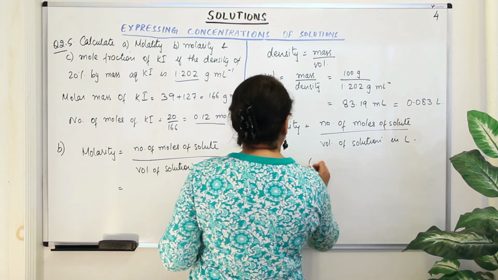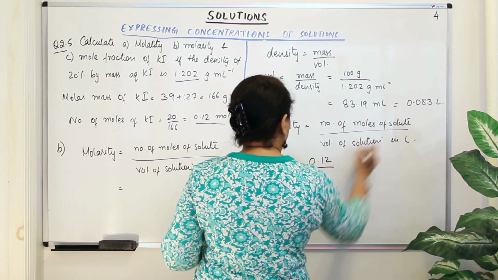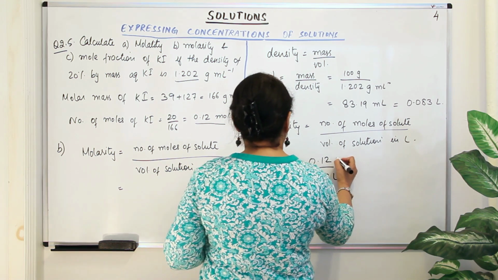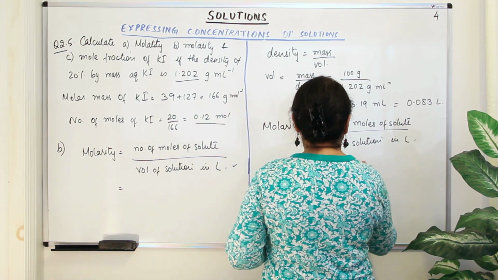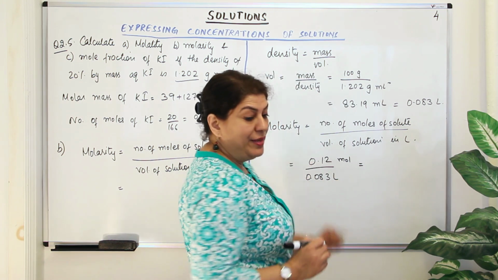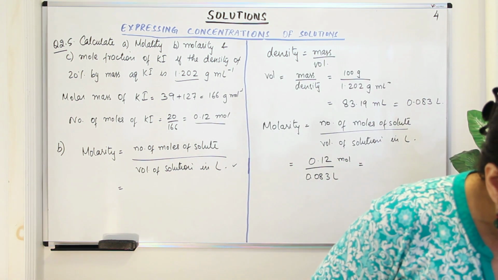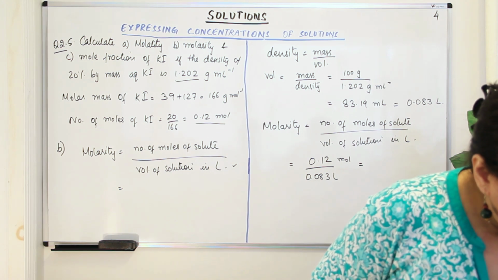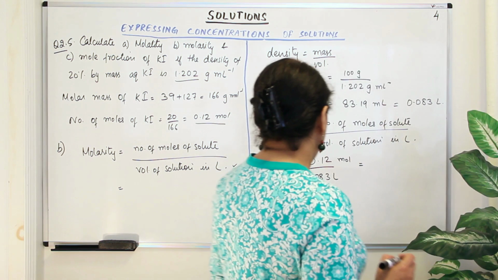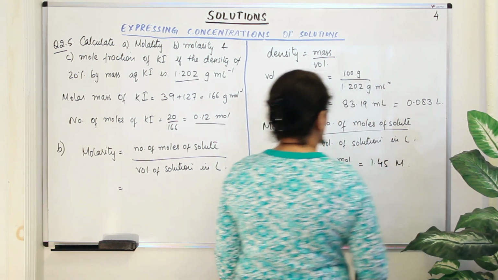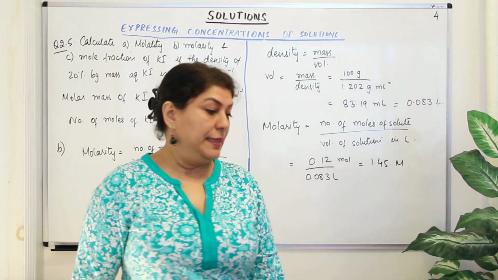The numerator is 0.12 and the denominator is 0.083 liters. And this is moles, so you'll get your answer in moles per liter. When you solve this, what is the molarity that you get? The molarity is 1.45 molar solution, or moles per liter.